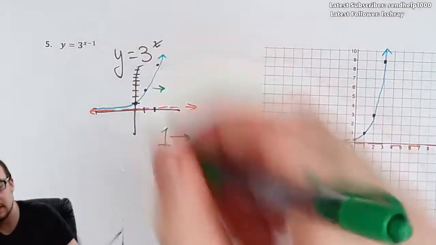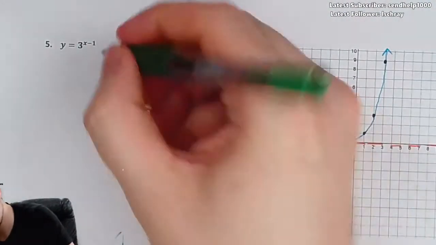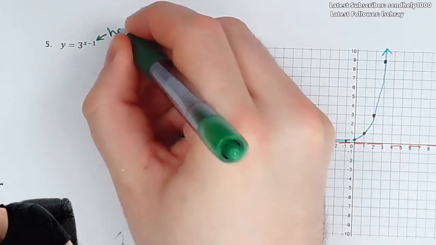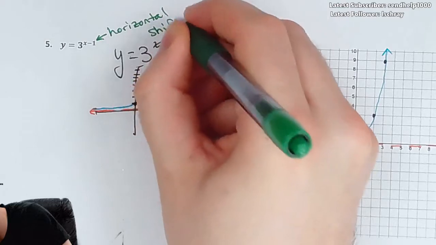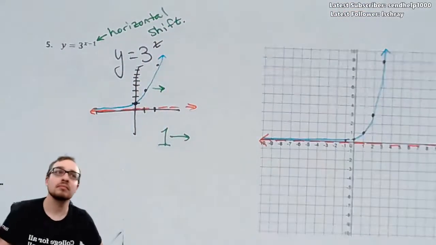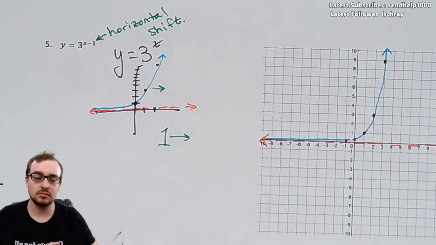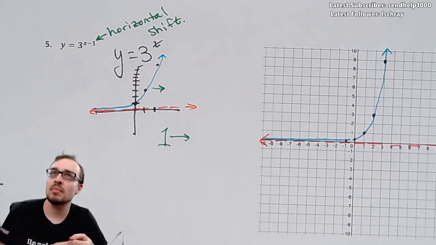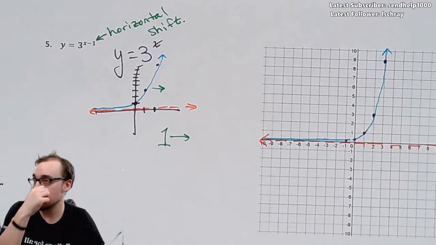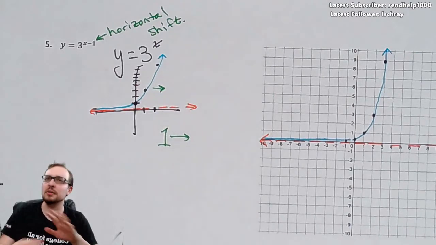So this is our horizontal shift. Horizontal's left to right. Fair? It shifts everything over to the right one. How do we feel about that? Are we completely lost?